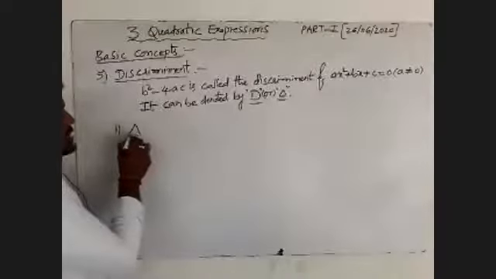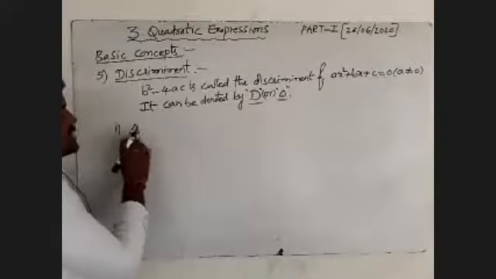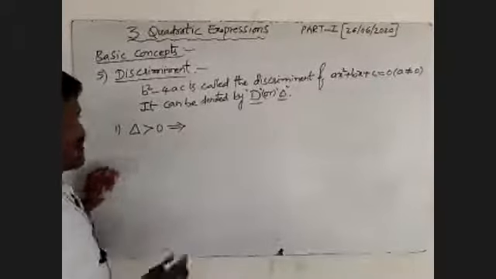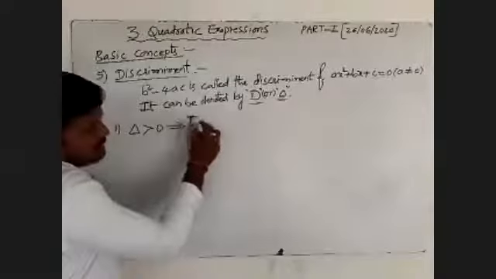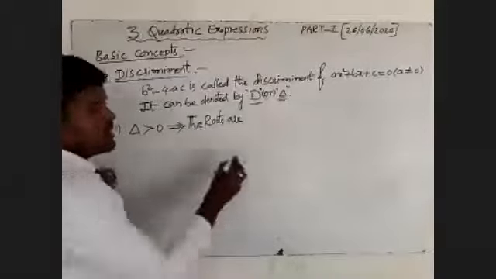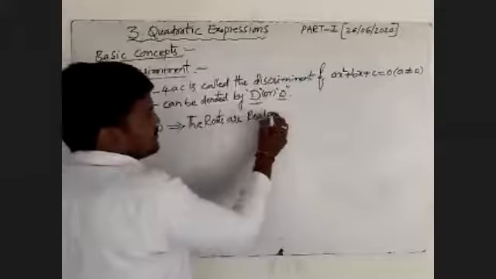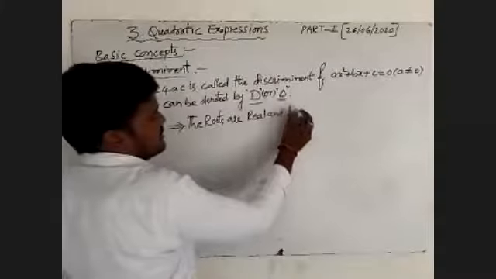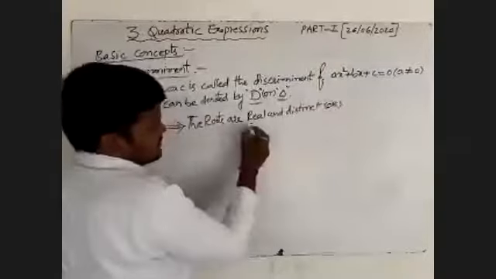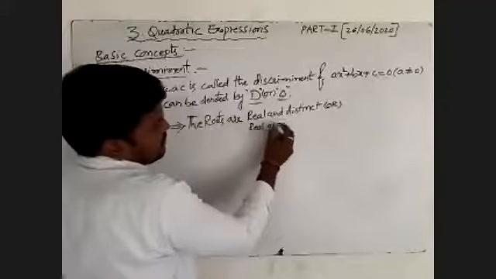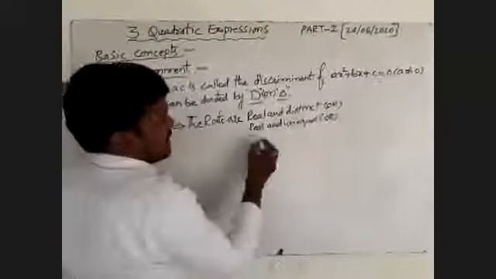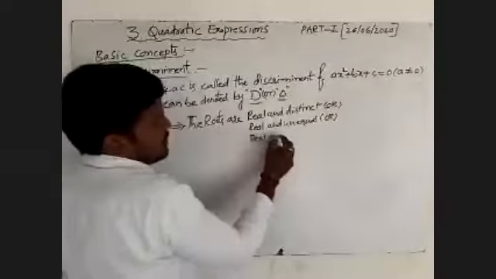The discriminant of a given quadratic equation being greater than 0, that is delta greater than 0, means the roots are real and distinct, or real and unequal, or real and not equal.